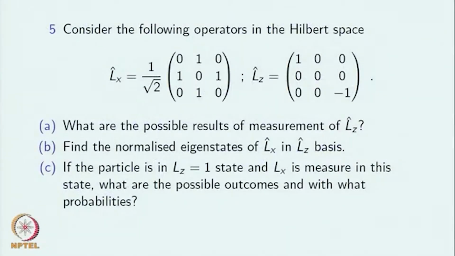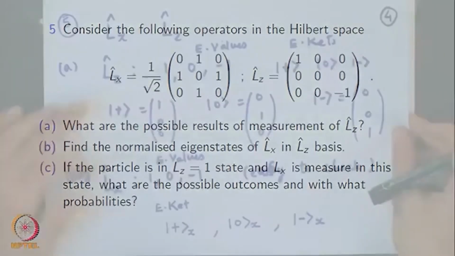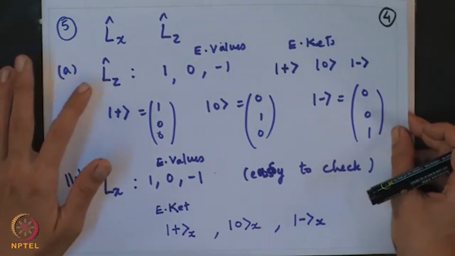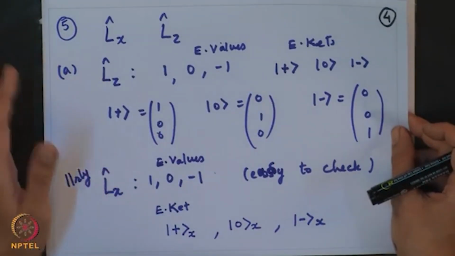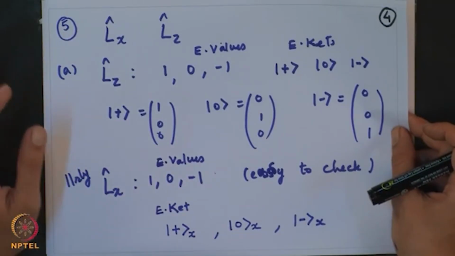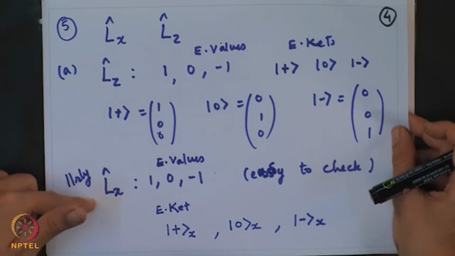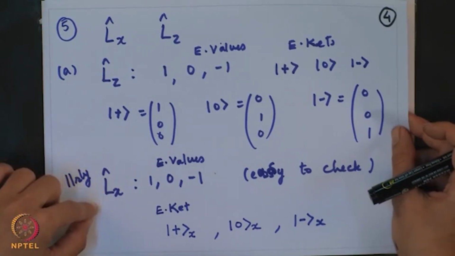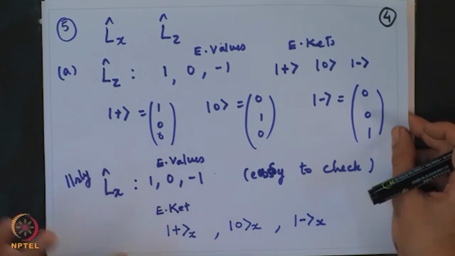Once you do that, you will be able to calculate the possible measurements of Lz. We have seen that it can take eigenvalues 1, 0, minus 1 and the corresponding eigenkets. So that we can write the normalized eigenket of Lx in the Lz basis.